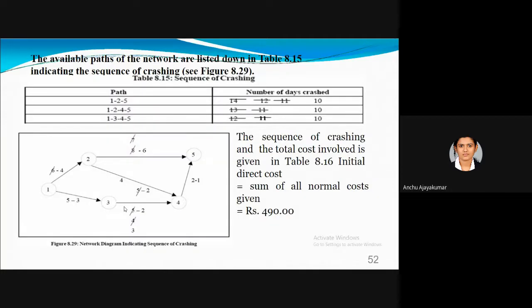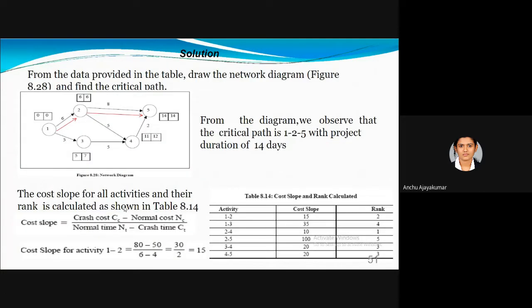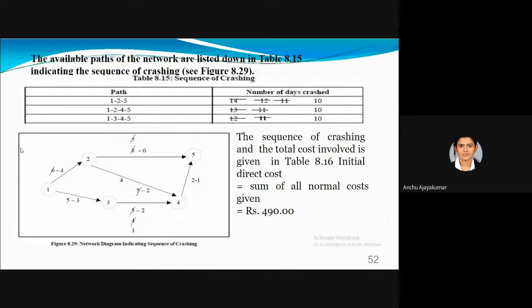After ranking, I have 3 paths in this network. What are they? 1 to 5, that is Path 1, our critical path. Another path is 1, 4 and 5. Another path is 1, 3, 4, 5. These are the 3 paths.